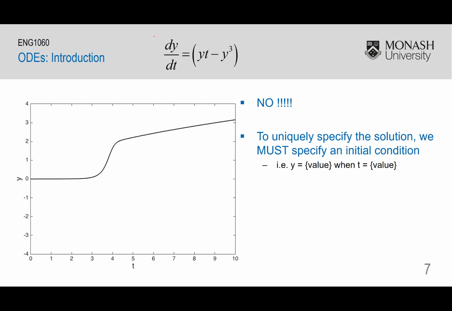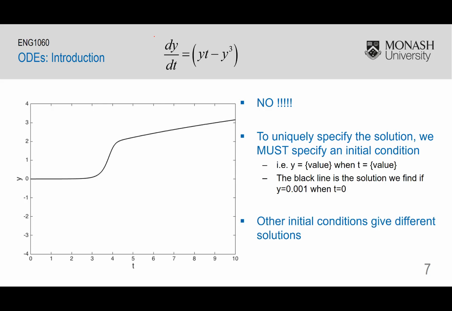An initial condition is that the solution y is equal to some value when t is equal to some other specified value. So for example, that black line curve there is the solution to this differential equation when y is equal to 0.001 at t equal to 0. That's that particular solution. Other initial conditions will give different solutions.